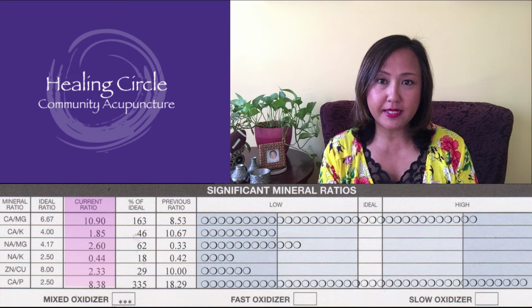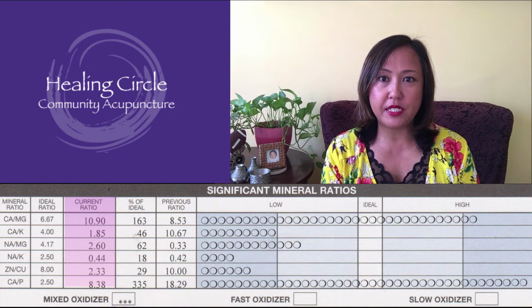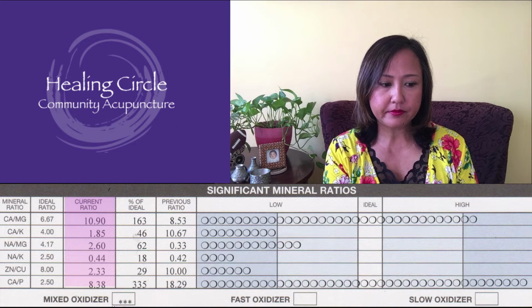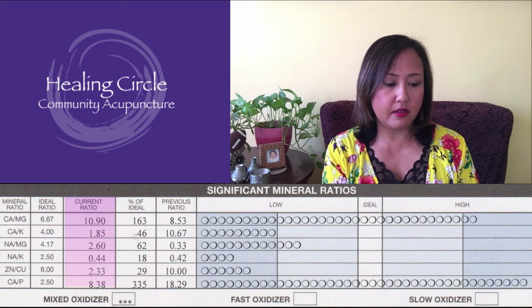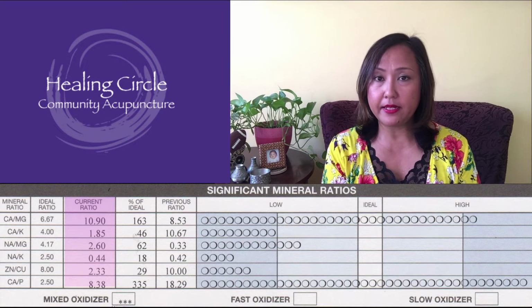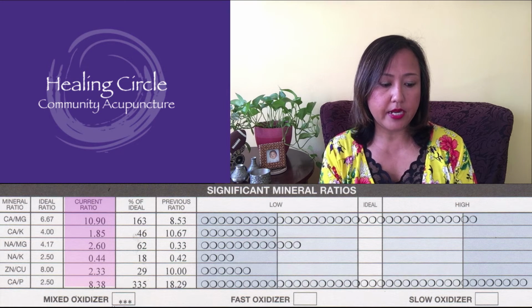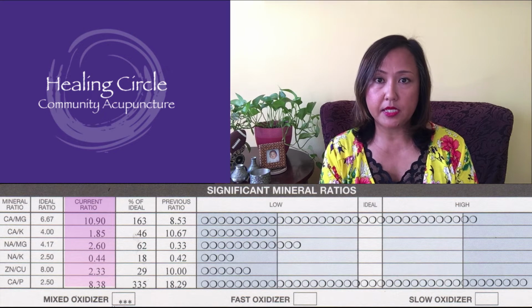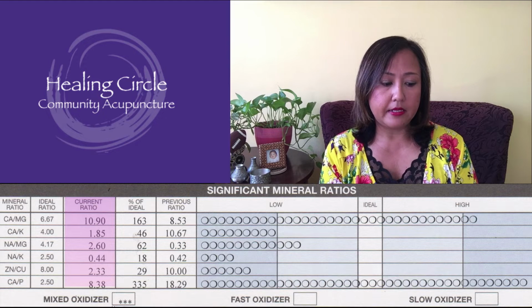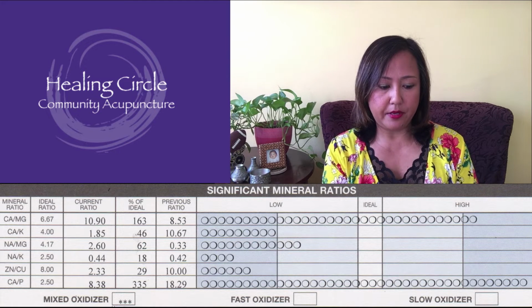And then the box that says current ratio is actually the patient's results on that. So for example, how do we get the number 10.90, you might ask. What they do is take the calcium number for that patient, which was 109, and divide it by the magnesium number, which is 10, and there you go, you get 10.90.